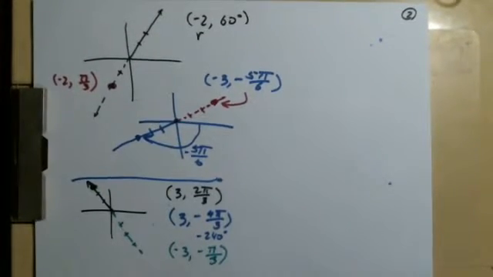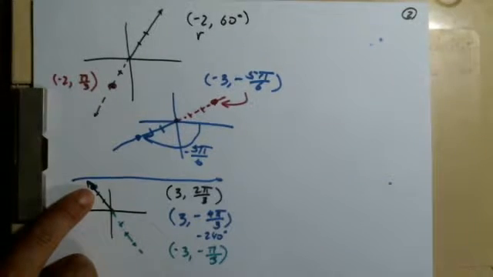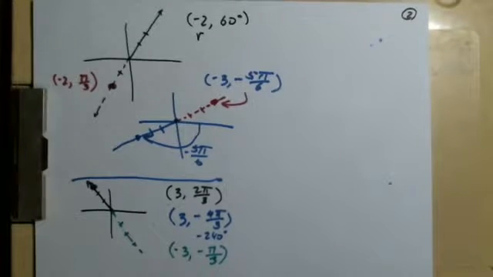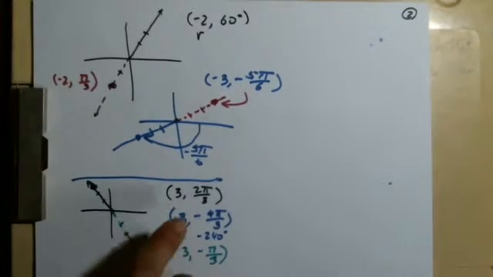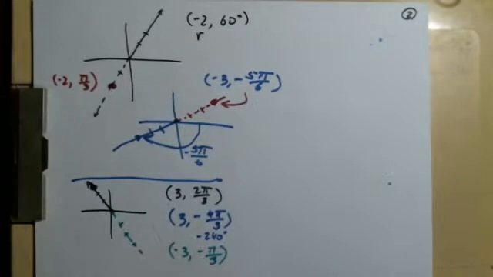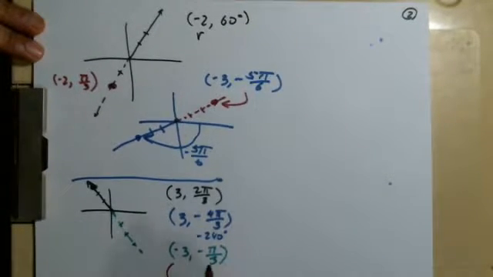Do you think it was luck that it happened to be the same point? Probably not. Well, let's do a last one, okay? You notice that they're both positive, positive, negative, negative, positive. And the last one I'm going to try is going to be negative and positive. I'm going to say it's going to be 5π/3 and negative 3.